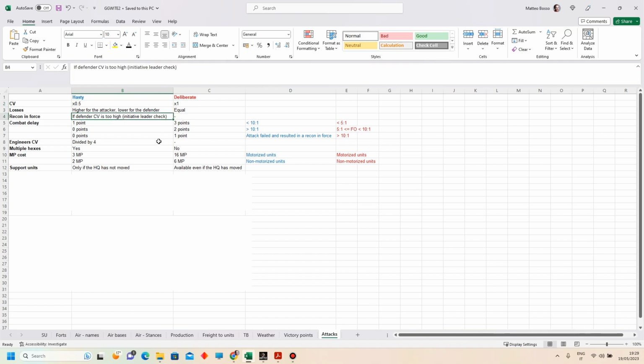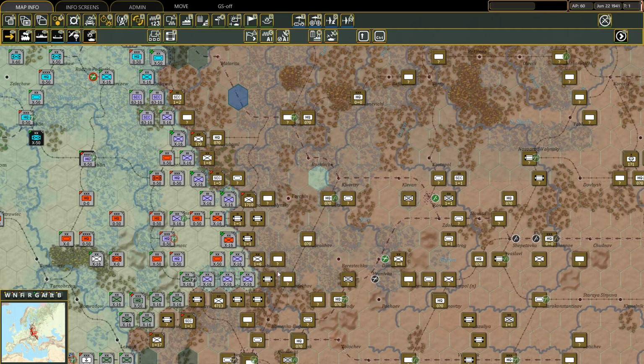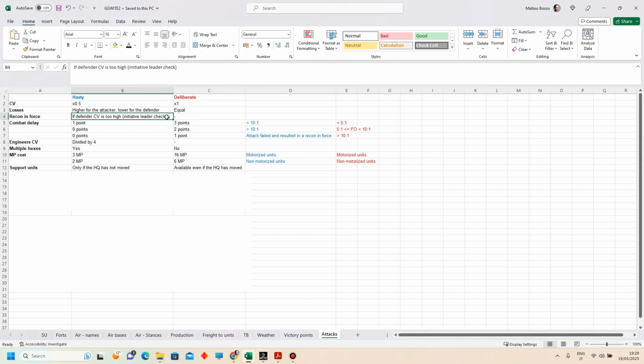The recon in force, also known as scouting. This occurs when you perform a hasty attack, let's say in this hex here, where you know you have an enemy unit, but you don't have much information about it.